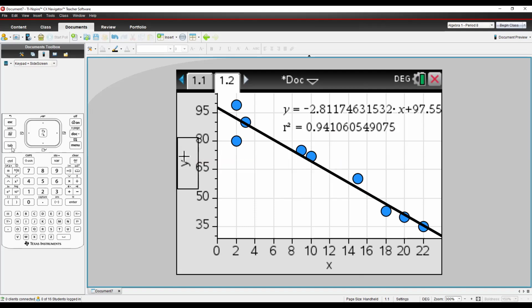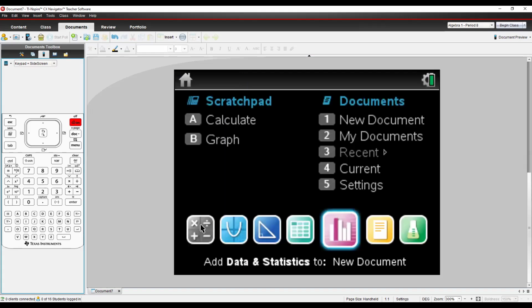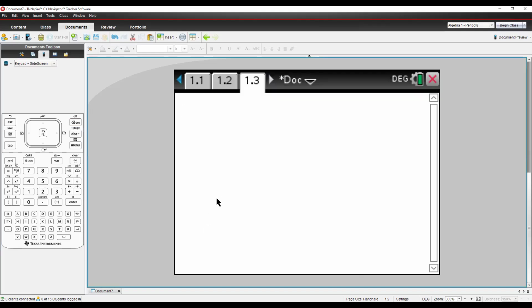I'm going to type in the R squared that I have, 0.941605. That's enough, right? I'm going to take the square root of that.